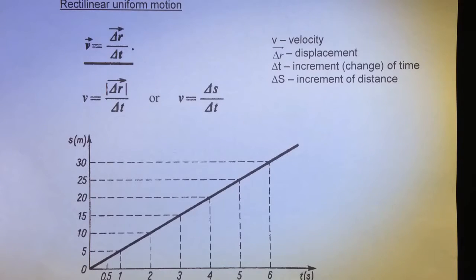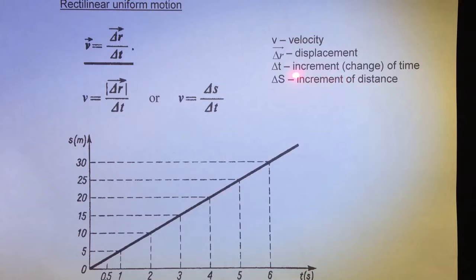For example, if we are speaking about a rectilinear uniform motion, we have three quantities: velocity, time, and distance. Velocity v, time delta t, and distance delta s.